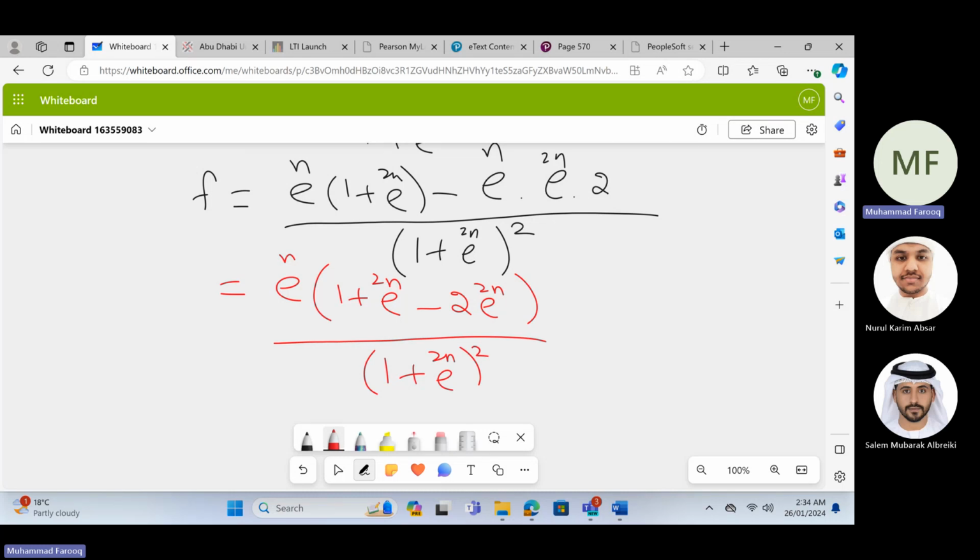You can combine: this is 1, this is minus 2, so minus 2 plus 1 is negative 1. Please delete from here and make it negative 1. I just simplify, please.